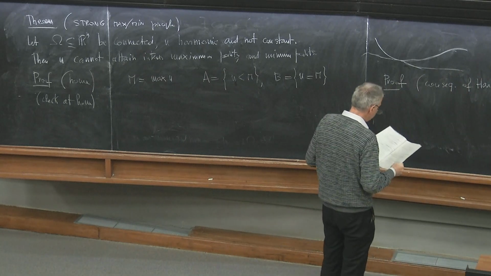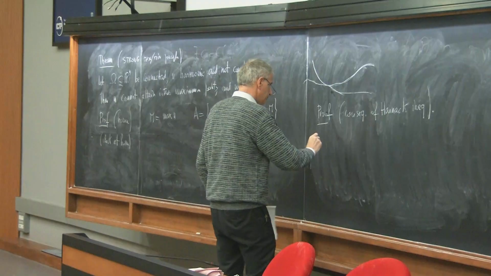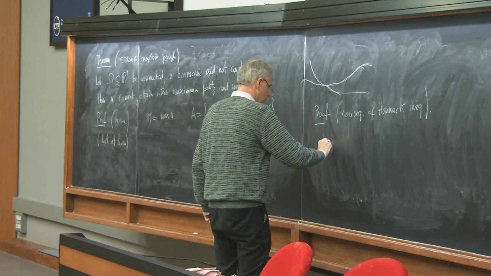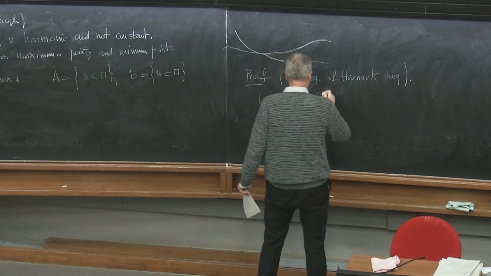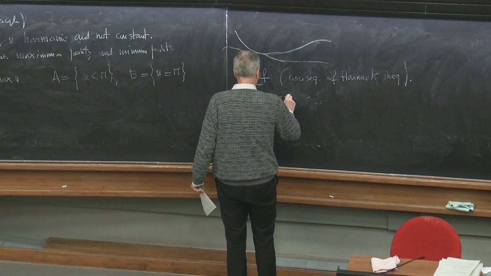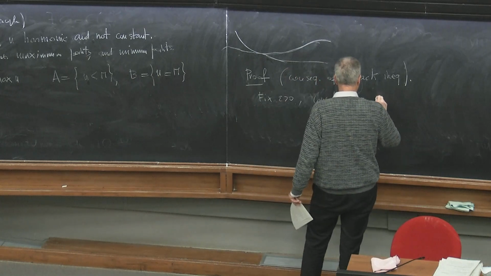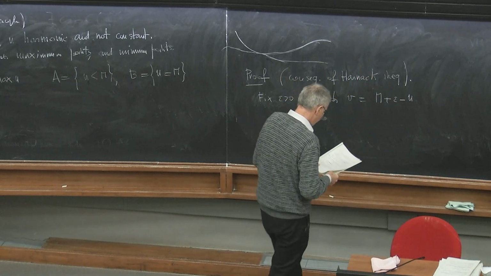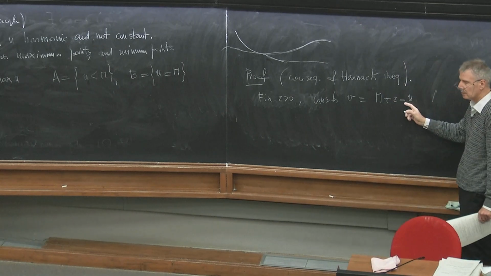I would like you to think a little bit about this. So M is the maximum, okay. Consider a fixed epsilon positive. Consider V equal M plus epsilon minus U. And then try to apply Harnack. So now clearly, again, this is harmonic. This is a constant.